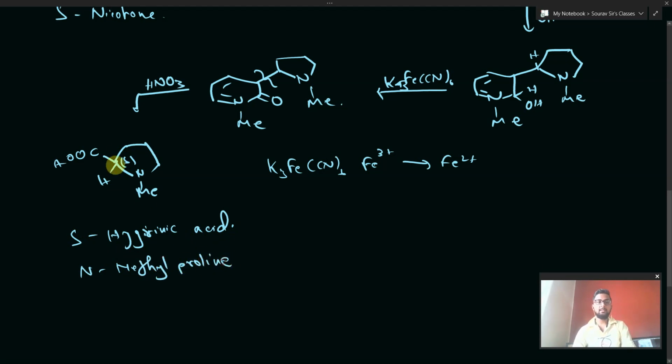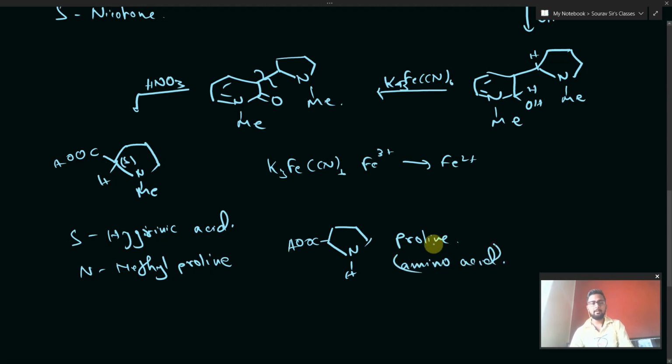Basically, the structure of proline is this one, NH and COOH. This is the structure of proline, as you all know. Proline is an amino acid. But those are not our concerns, because we require the mechanism and the exact product. N-methylproline is also known as hygric acid.